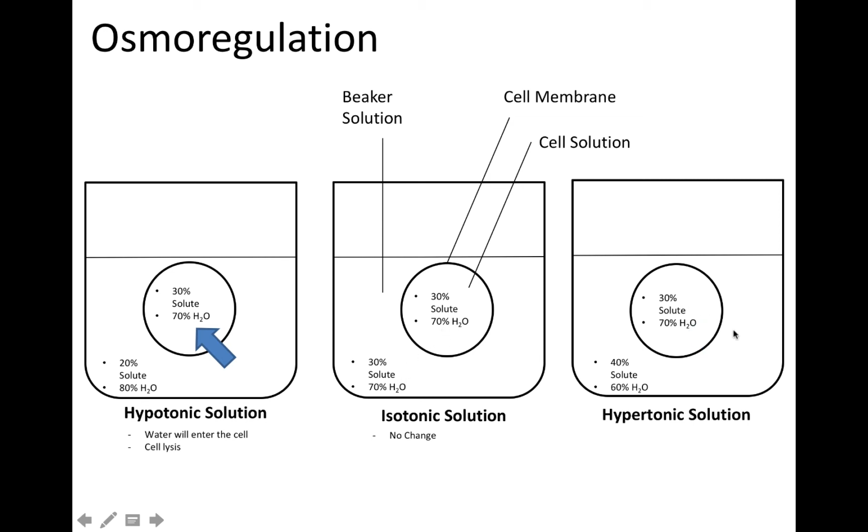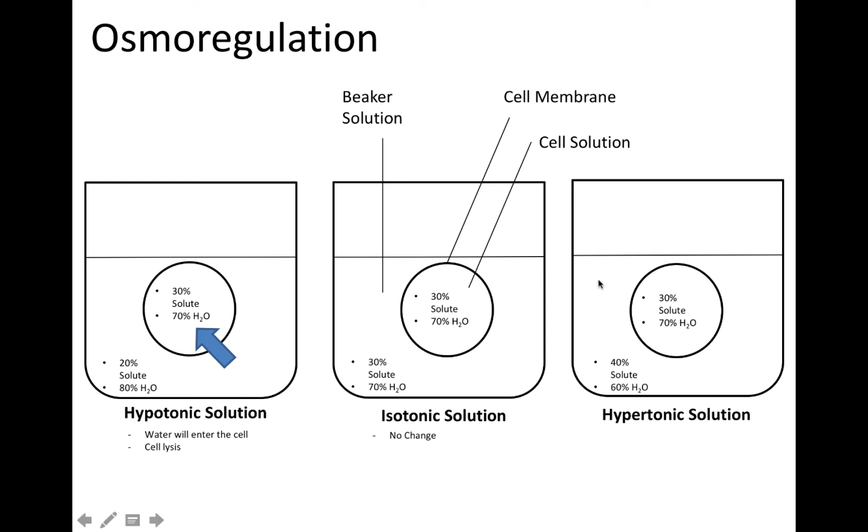What about a hypertonic solution? Remember the word hyper? What if someone's really hyper? They're too much, right? Or they've had too much sugar. Or someone that has hyperthyroidism, their thyroid is overactive. Bottom line, hyper means more.